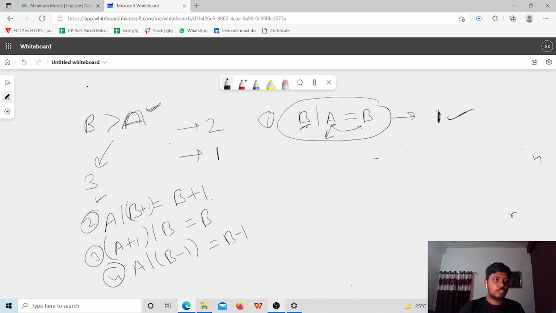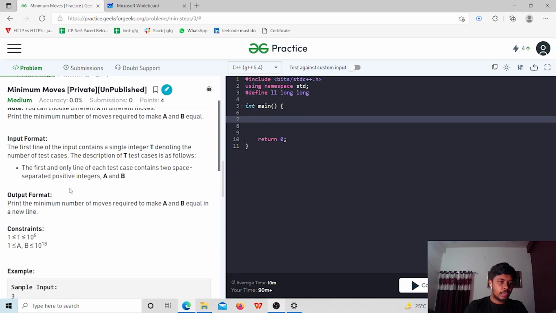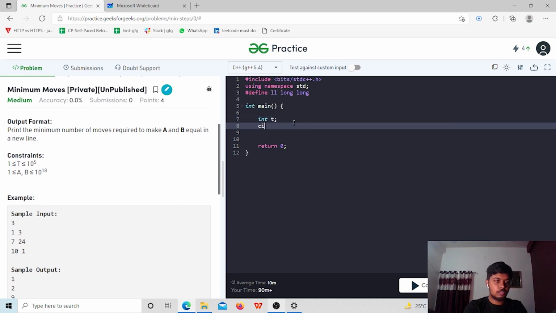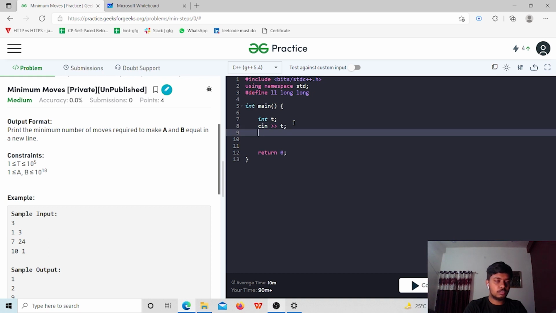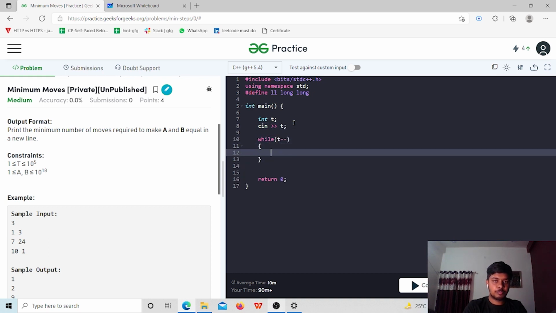So let's code this problem, right? As you can see, we have test cases here. So I will take t as the number of test cases, right? Then we will run a while loop t times, and here we have two values, and the value can be up to 10 to the power 18, so we will take long long.